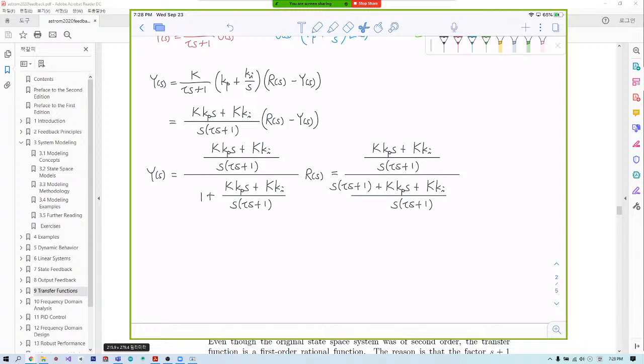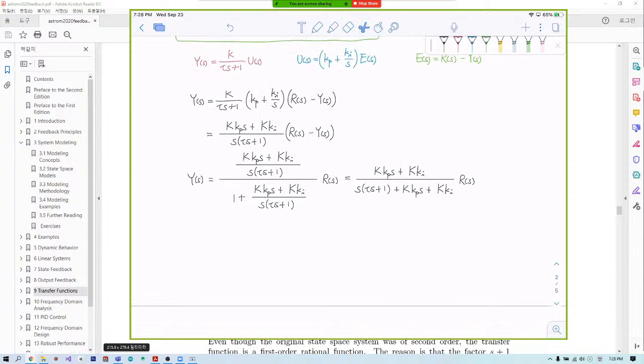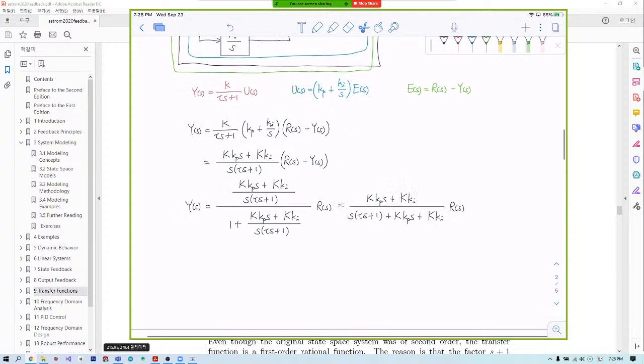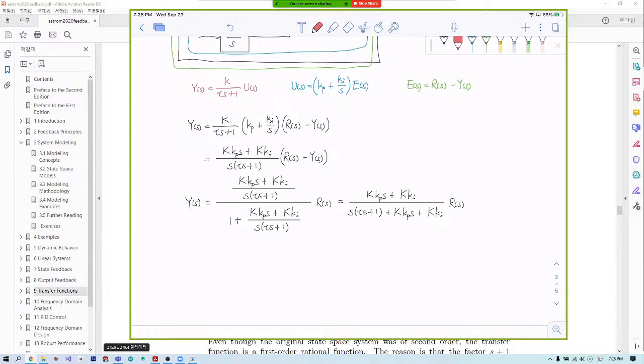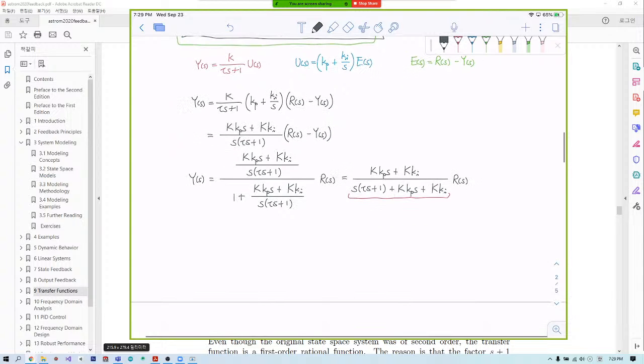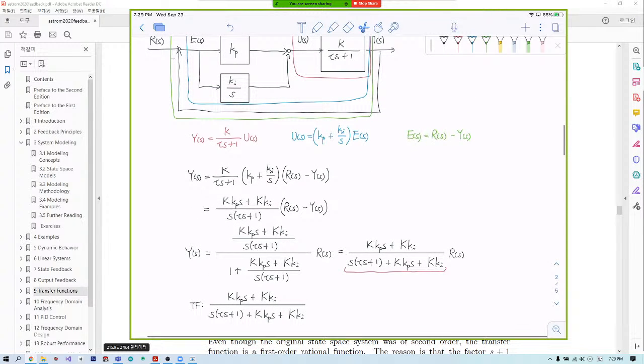Because I want to get rid of these denominators from both sides. Looking good, right? So in this case, this is our transfer function, because this expression here, when multiplied to our input reference value, gives us the resulting y. So our transfer function, in this case, must be what we have here. It was easy.